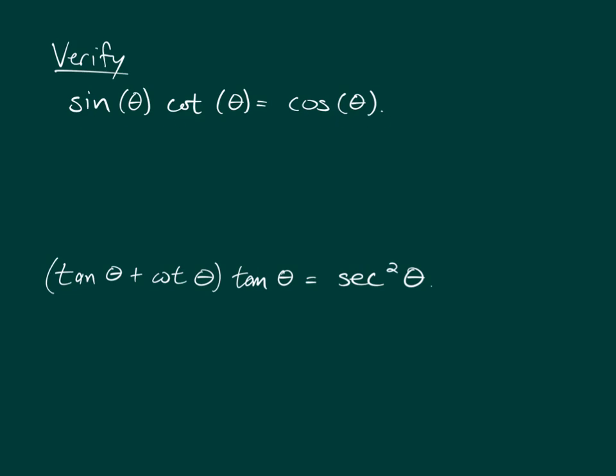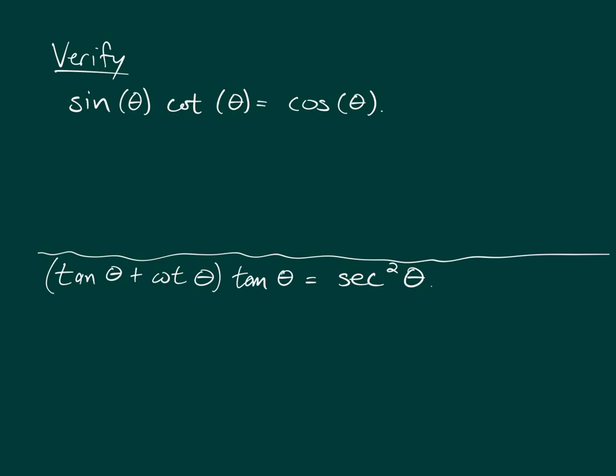Well, in order to verify an equality, what needs to happen is you need to start with one side of the equation and simplify it so that it'll look like the other side of the equation. And generally, the best way to do this is to start with the more complicated looking side.